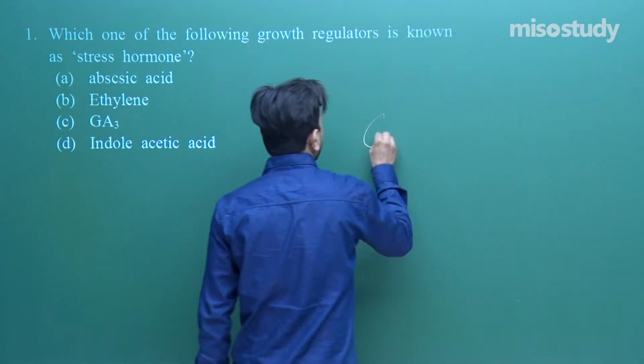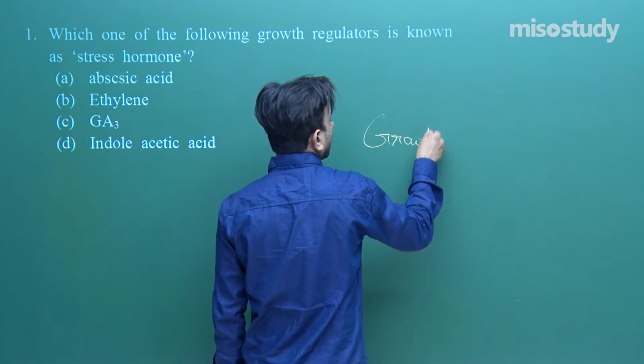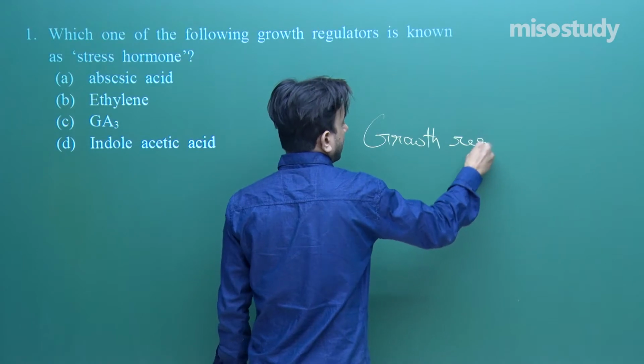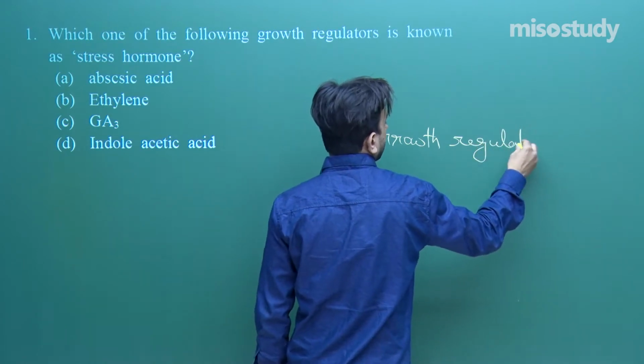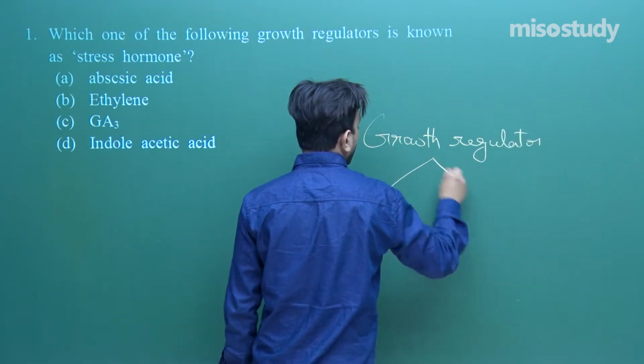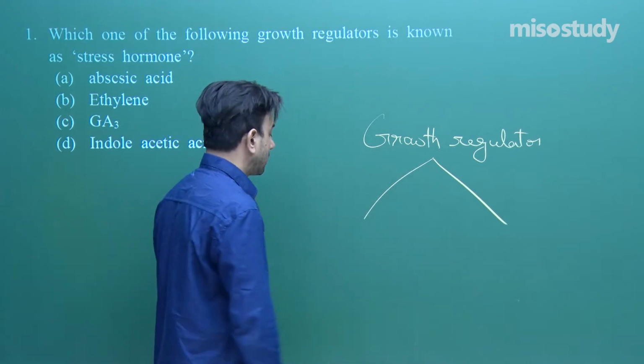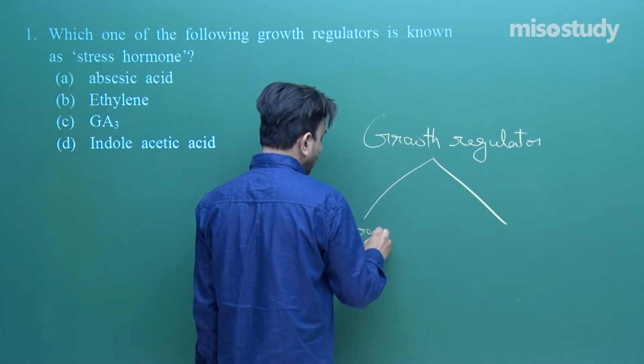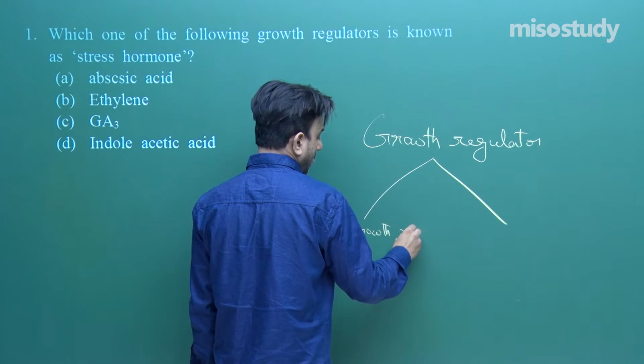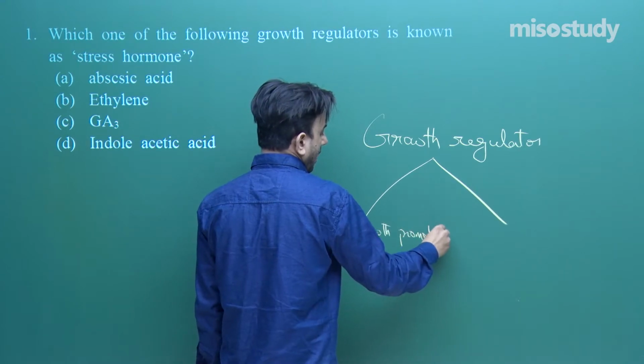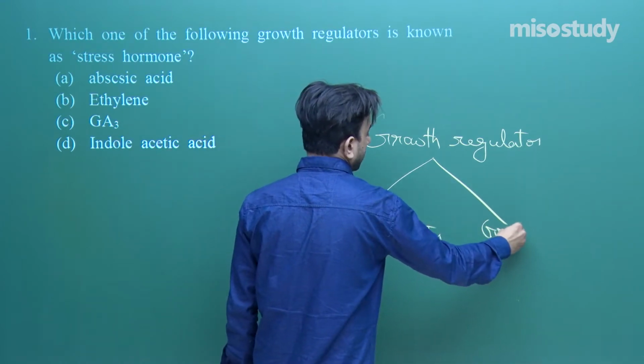So you all know that the growth regulators can be classified into the growth promoter and the growth inhibitor.